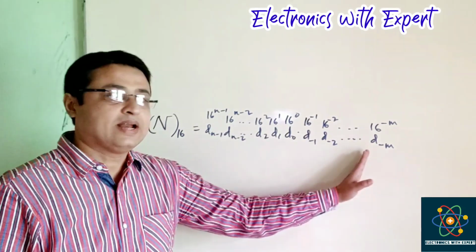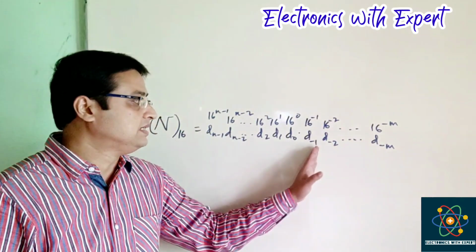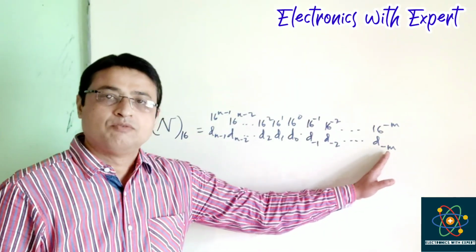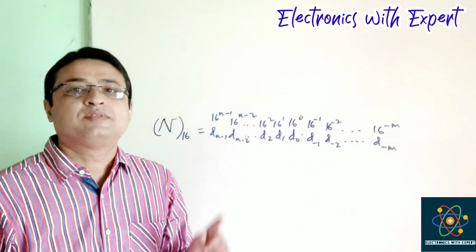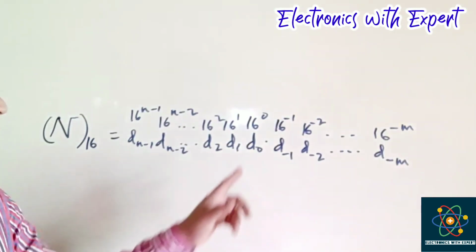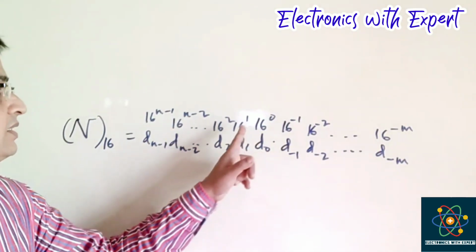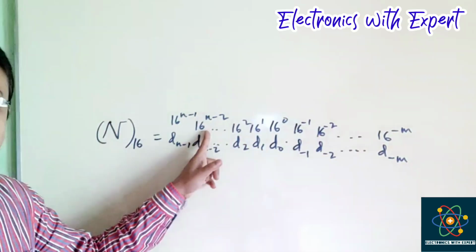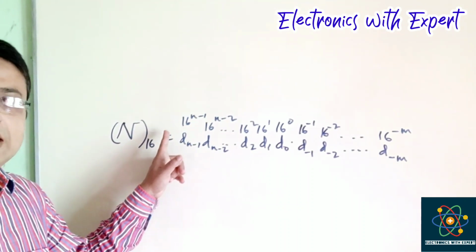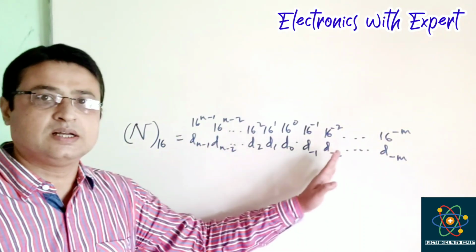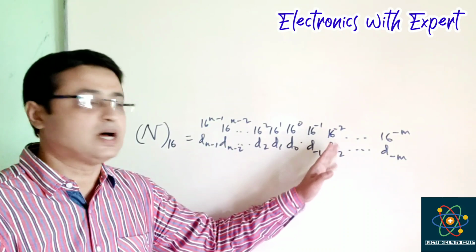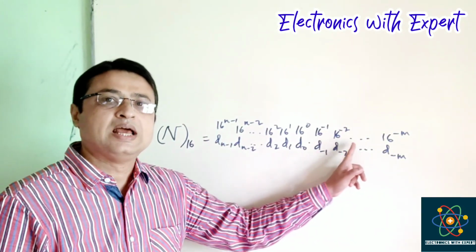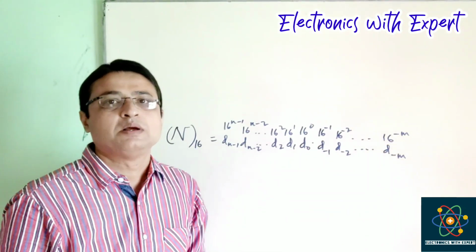At the right side of the radix point they are known as D-1, D-2 and then D-n, where each of the digits have their positional weights as 16 to the power 0, 16 to the power 1, 16 to the power 2, 16 to the power n-2, 16 to the power n-1, and at the fractional parts the positional weights are 16 to the power -1, 16 to the power -2 as well as 16 to the power -n.